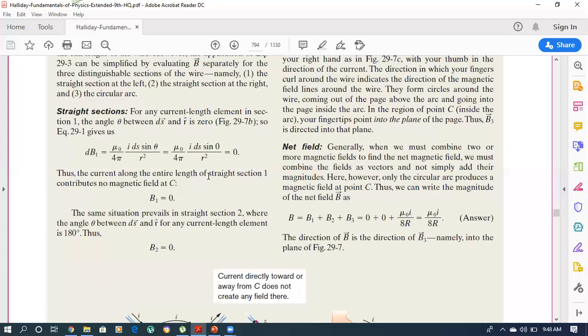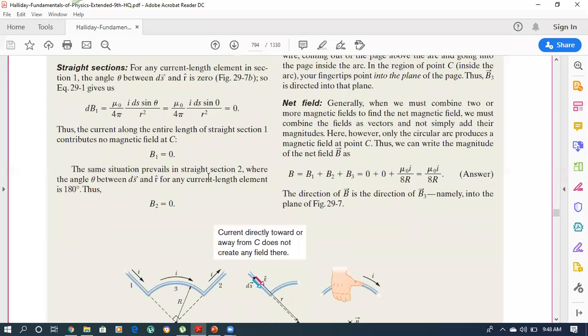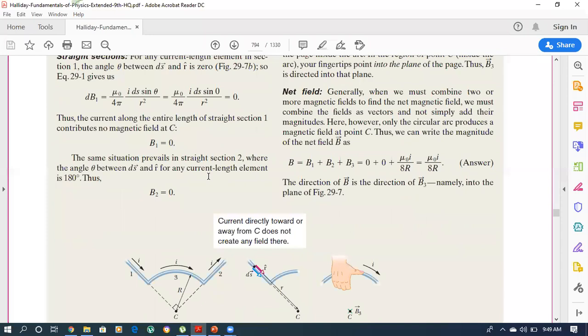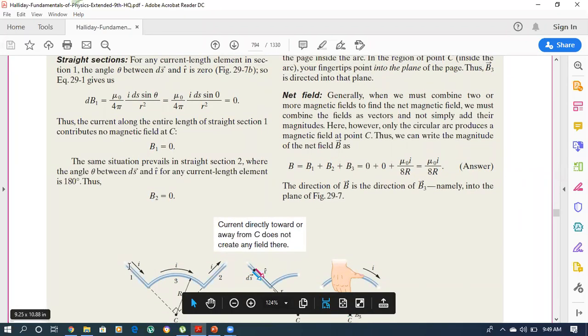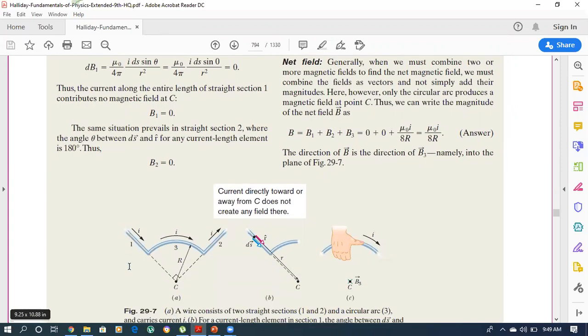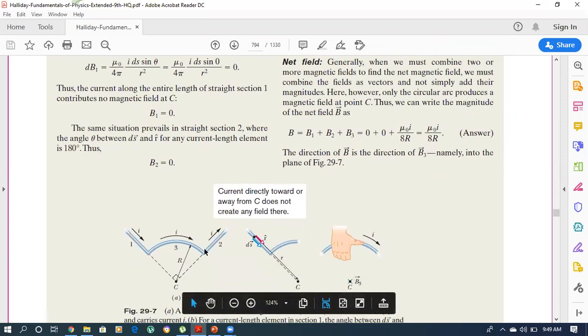So we will solve this problem one by one. What will be the magnetic field due to segment 1? What will be the magnetic field due to segment 2? And what will be the magnetic field due to segment 3?